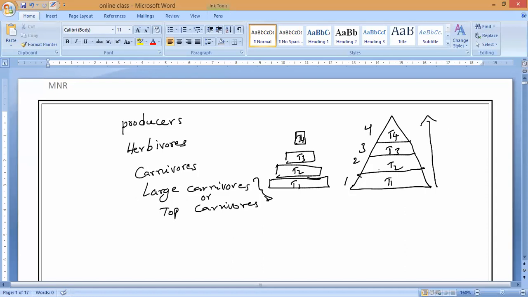So which is more in number, T1 or T4? The primary producers, that is trophic level 1, are more in number compared to the top carnivores. So as you go from bottom to top, it continuously tapers because the number of organisms keeps decreasing. That is the reason we arrange the trophic levels like this. Is it okay? Please respond.